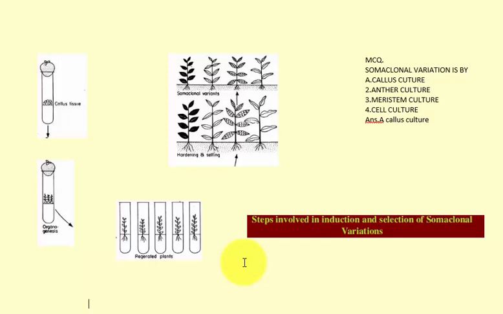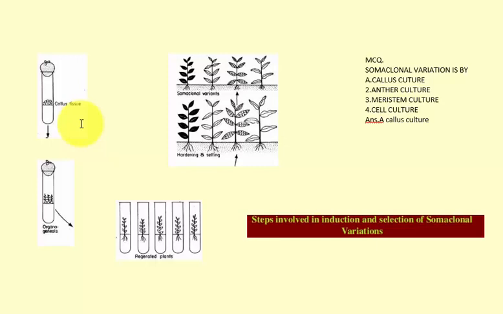Next are the steps involved in the induction and selection of somaclonal variation. First, from a single cell there is the culture, and callus tissue is formed. Then there is the process of organogenesis. What is the meaning of organogenesis? In organogenesis from a callus tissue, the root, shoot, and other organs give rise.